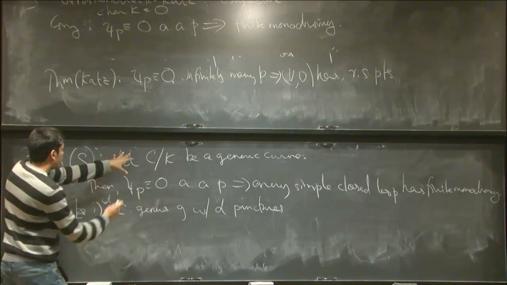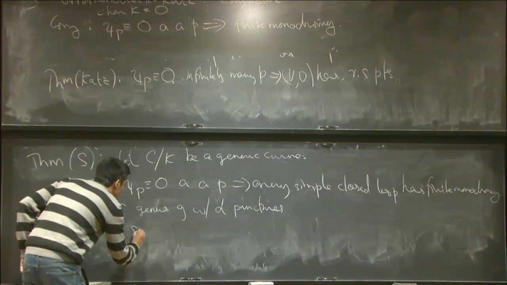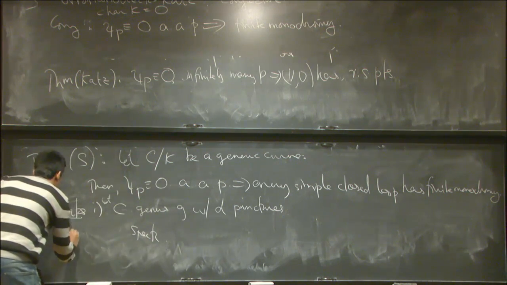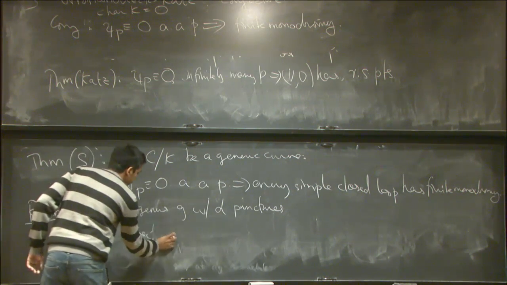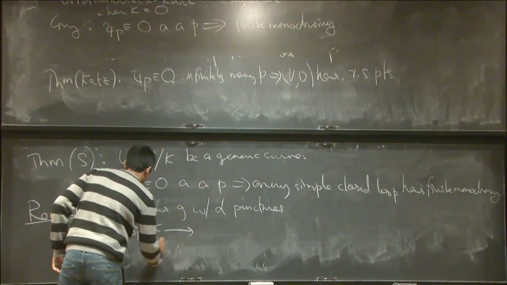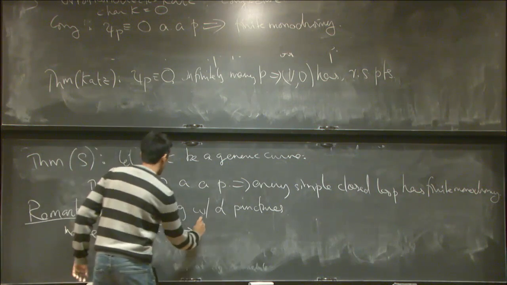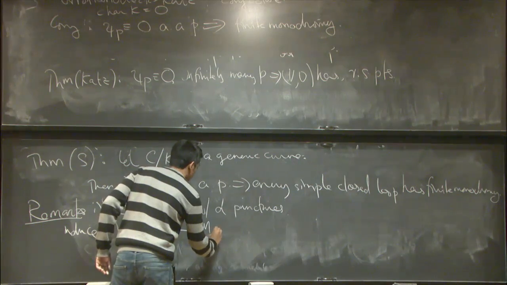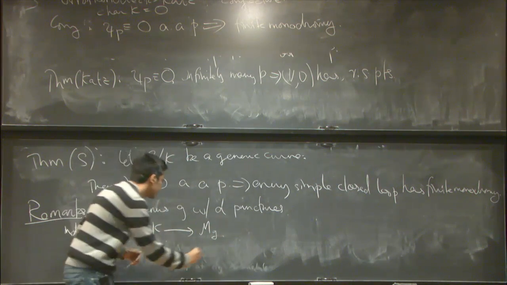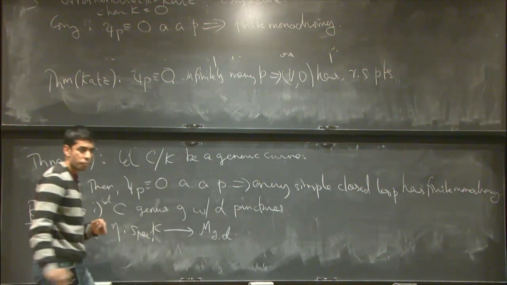Then the data of C over K is going to give you a map, so this induces a map from Spec K to the moduli space of genus g curves with d marked points.